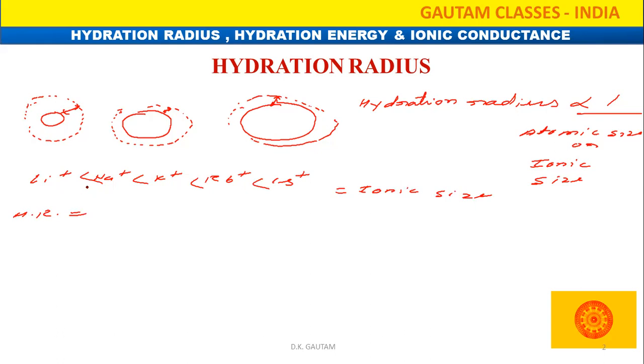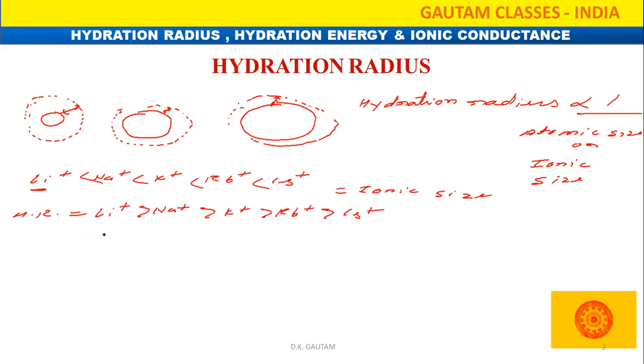Because the ionic radius of lithium is the lowest, more and more water molecules can aggregate around it. So the thickness of the water layer will be higher in that, so lithium will be first here. So lithium ion, then sodium ion, potassium ion, rubidium ion, and cesium ion.